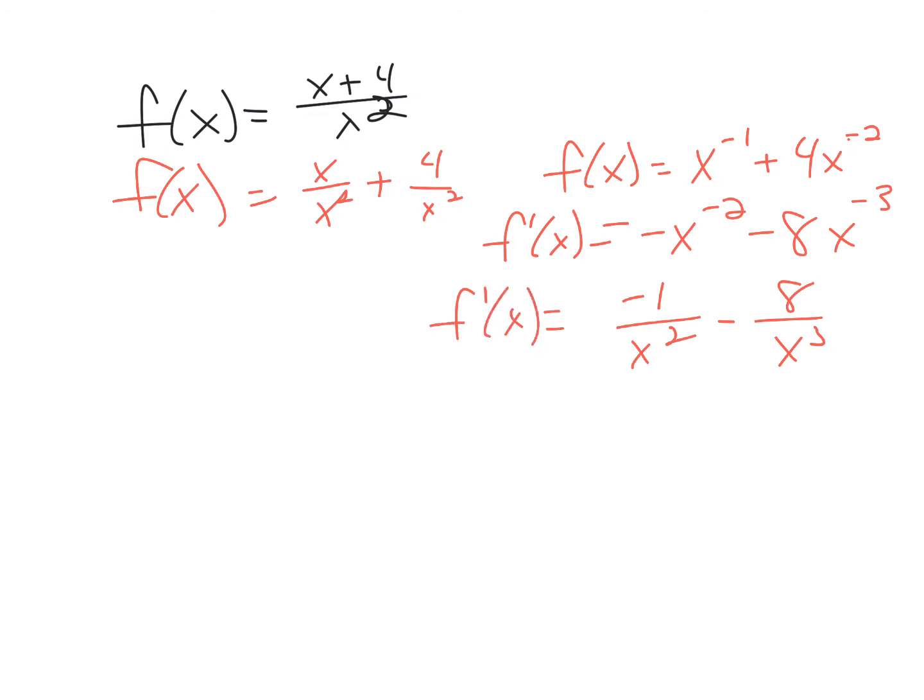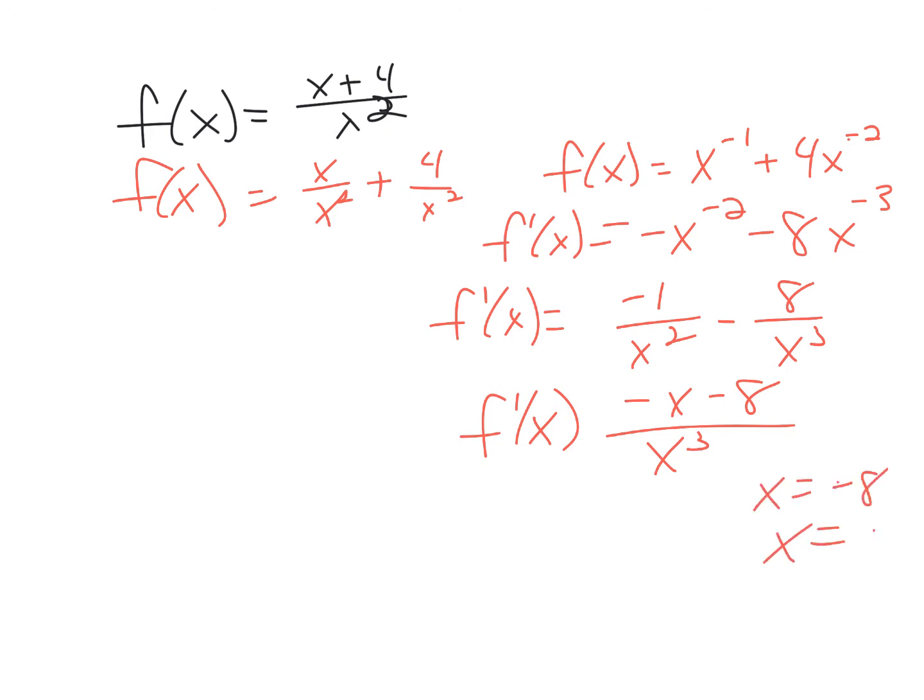The common denominator will be negative x minus 8 over x to the third. Now what values make this undefined or 0? That would be x equal to negative 8 and x equal to 0.